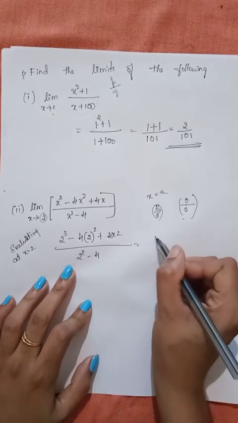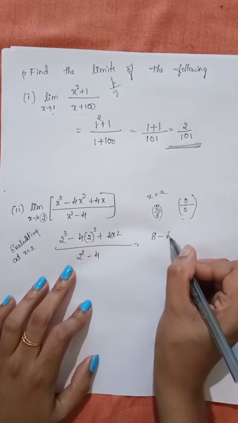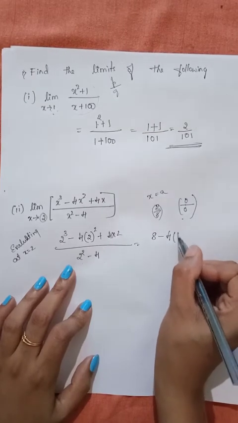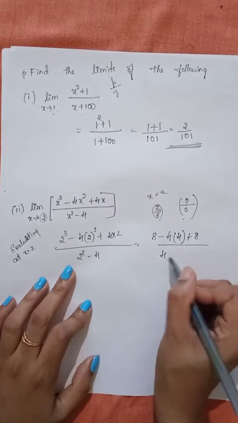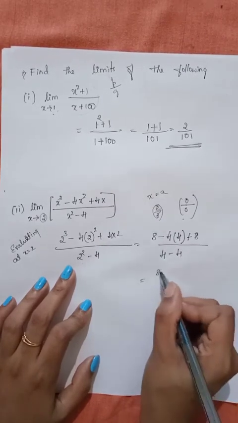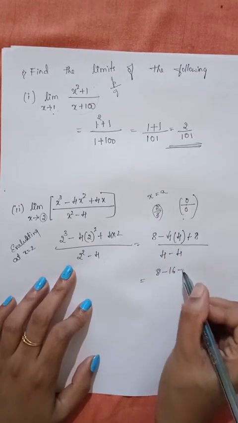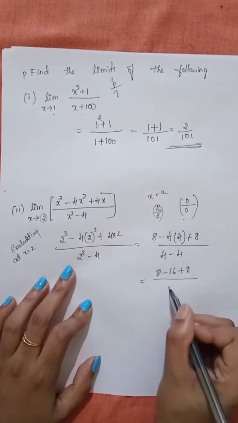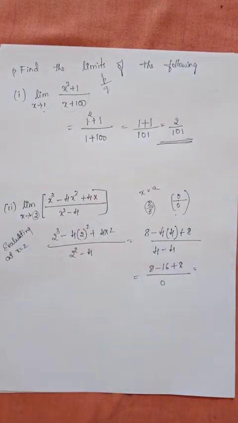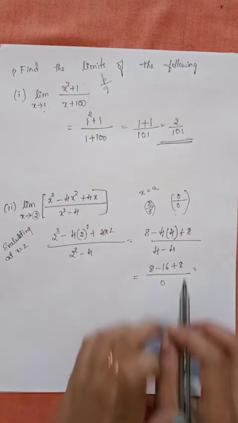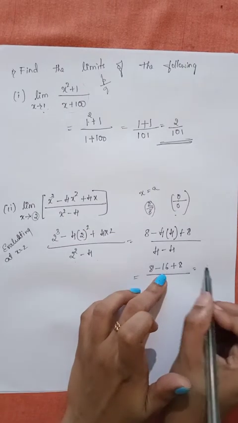What is 2 cube? 2 cube is 8, minus 4 into 2 square, which is 4, plus 4 2s are 8, divided by 2 square is 4, 4 minus 4. So it is 8 minus 4 4s are 16 plus 8 divided by 4 minus 4, which is 0. 8 minus 16 is minus 8. Minus 8 plus 8 is 0.